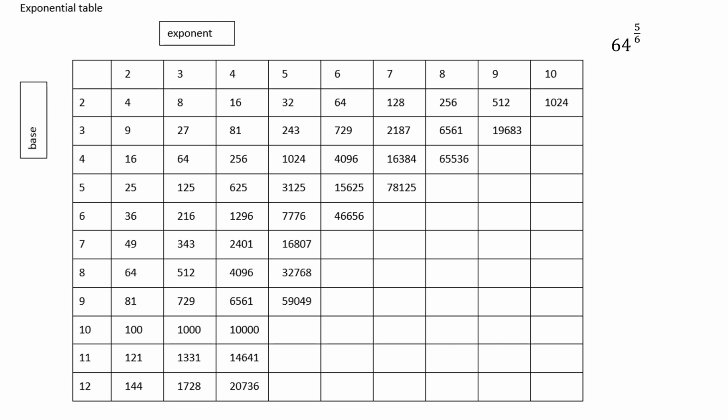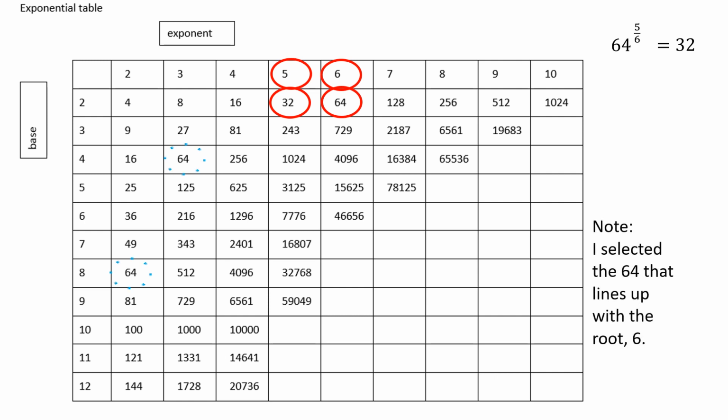Now, I want to do another example because one of the traps on this table, I got to locate a 64. So I located 64. Exponent is 5, 6, so I need to locate the 5 and the 6. And I can declare, hey, the answer must be 32. Notice which 64 I selected, and here's the little trap we can fall into.